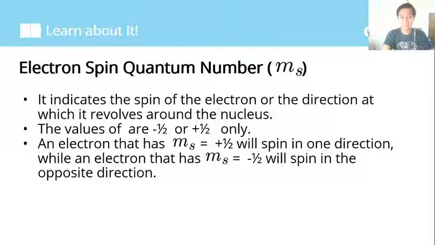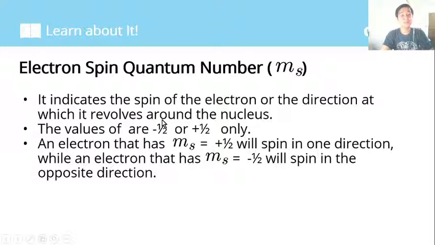Now let's go to the last of the four quantum numbers that we can use to describe the electrons in the atom. It is the electron spin quantum number, or simply the spin quantum number, or magnetic spin quantum number. The spin quantum number is represented by the symbol m sub s. As the term suggests, it describes the spin of the electron, to what direction it moves as it revolves around the nucleus.